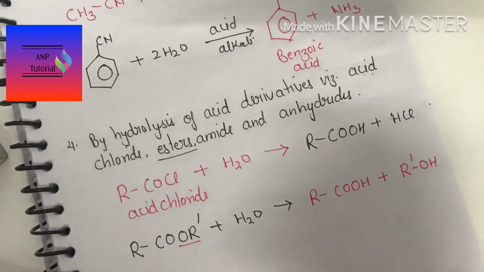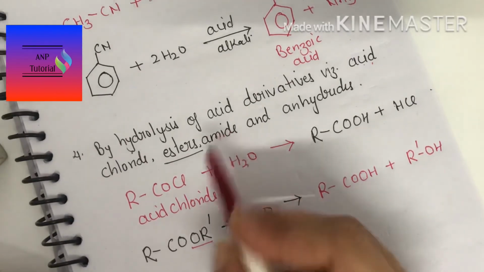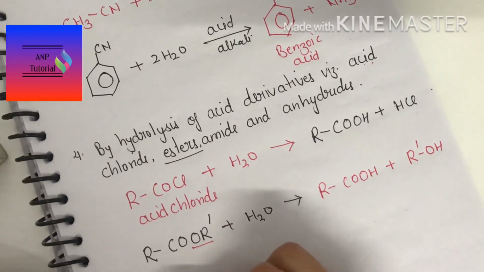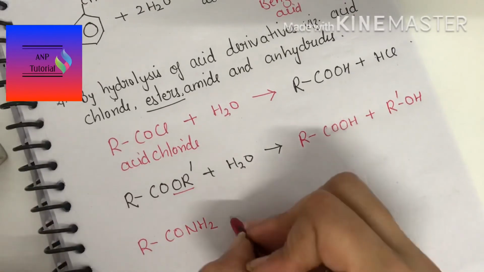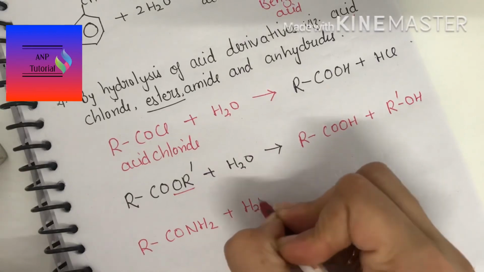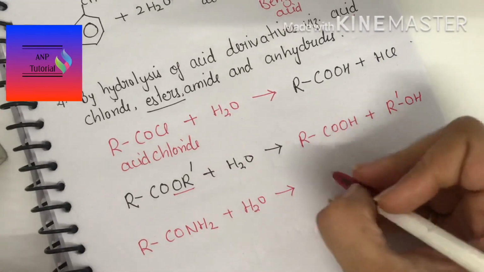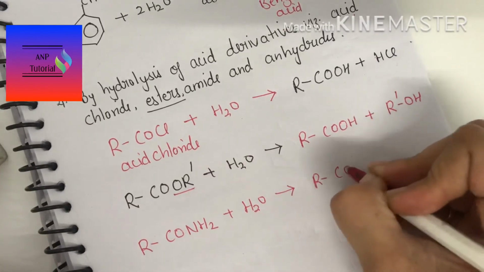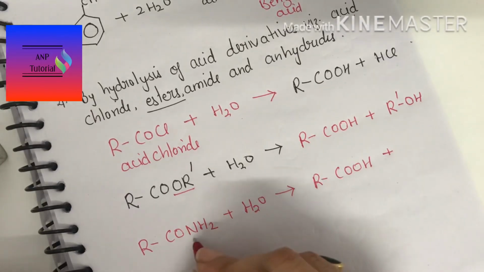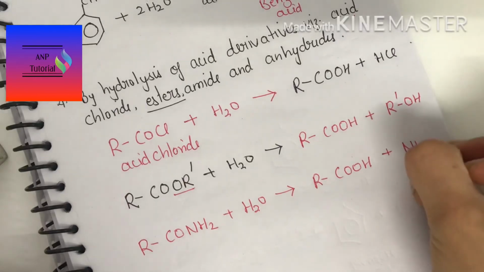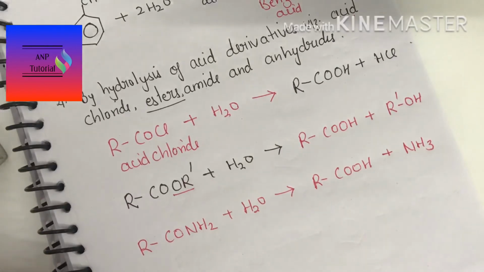Fine. Next example I am taking is amide. Amide is the RCONH2 group. Okay. Hydrolysis takes place. Then what will happen? RCOOH carboxylic group and ammonia, NH2 with H plus ion. Then ammonia is formed, right?